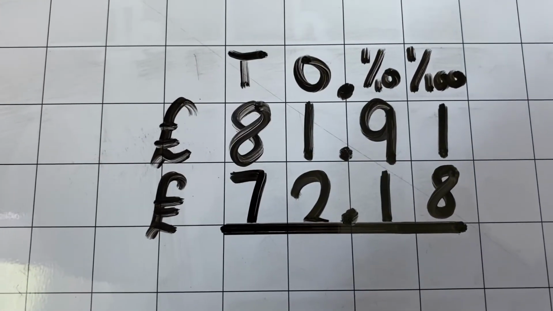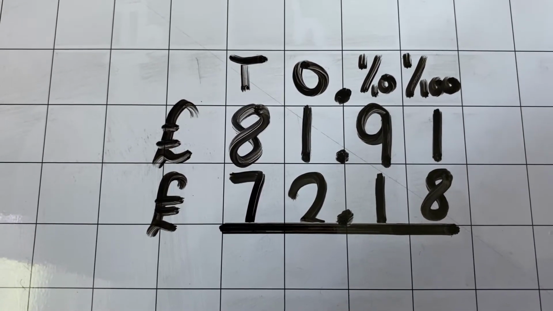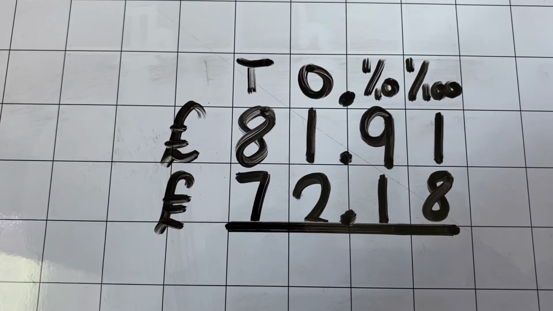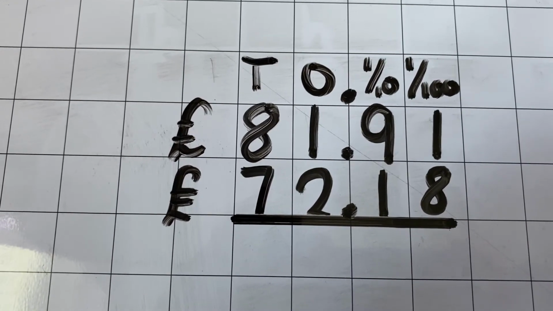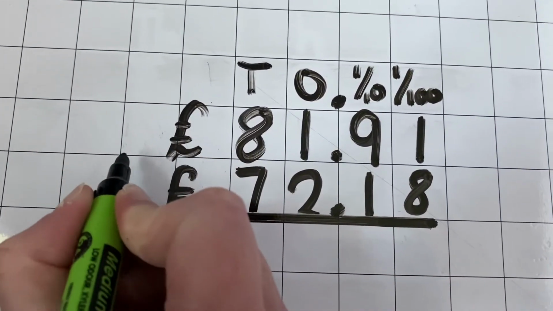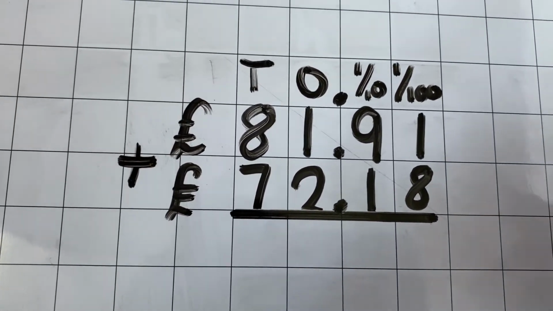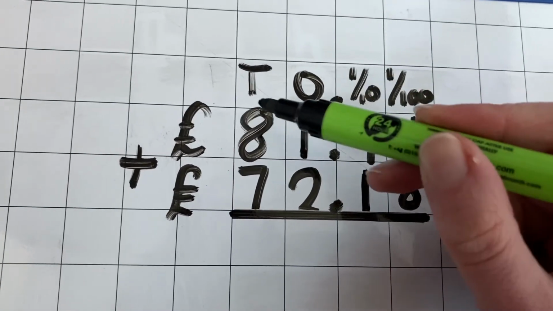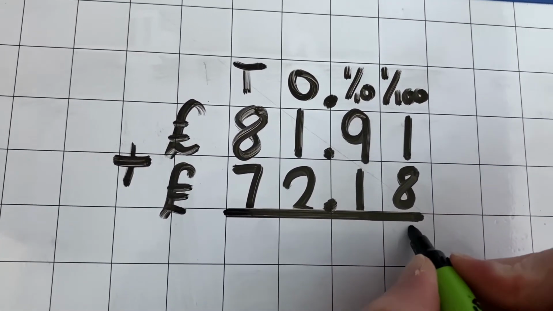Children will then proceed to using the standard method to add numbers, including those in the context of money or measures. Here we have £81.91 add £72.18. We have our hundredths column, our tenths column, our ones column and our tens column. 1 add 8 is 9.